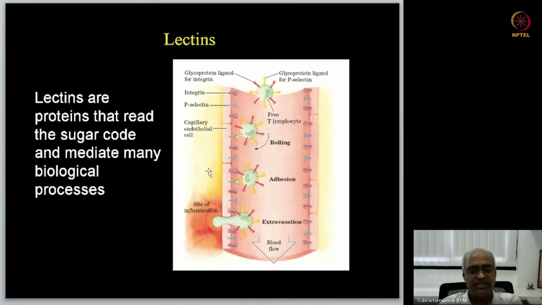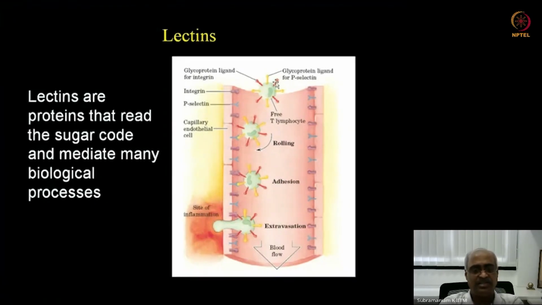Shown here is an example where this is a blood vessel in which blood is circulating, and in the circulating blood you have these immune cells called T lymphocytes going through. When you have an injury or an infection that leads to inflammation, these cells go there to take care of that. And how do they identify the place and go there?